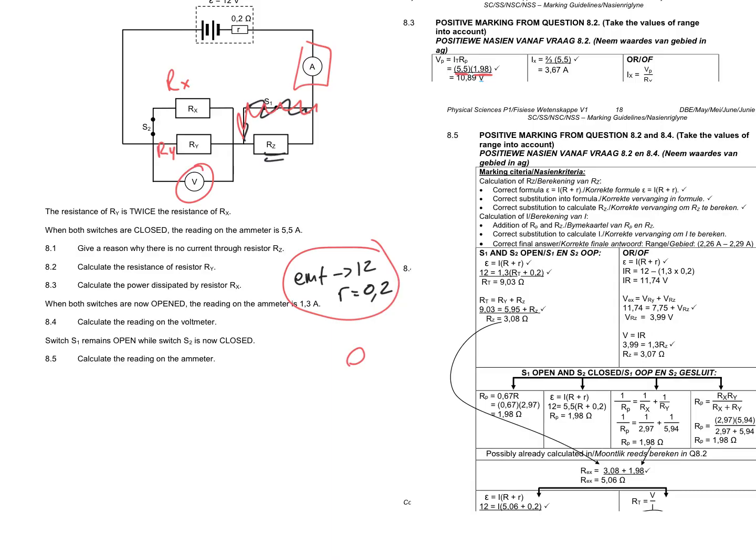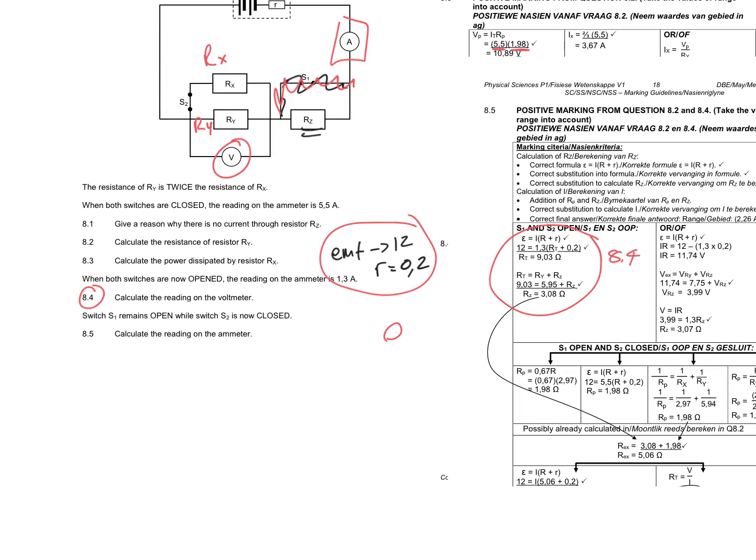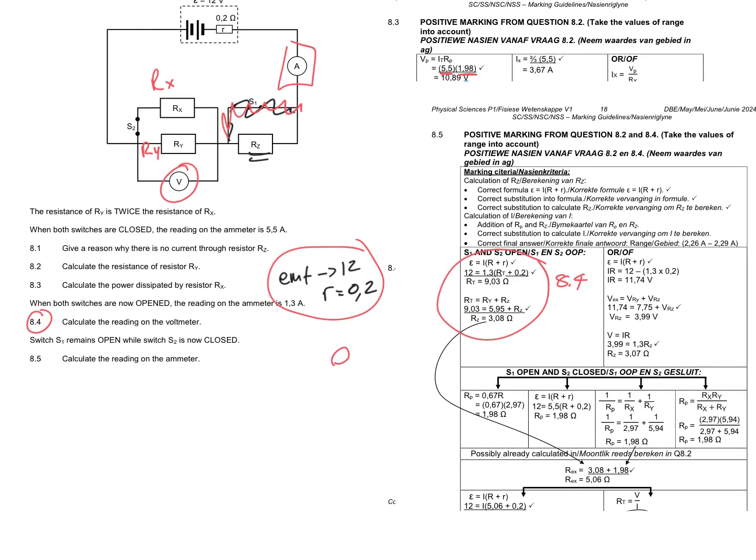With this EMF formula, what they did, and what I would also do, is you use the numbers that you had in the previous question. So for 8.4, these are the numbers you had for 8.4. And you can use them in order to work out the resistance of Z. Because then, for 8.5, you will add an extra number that you know.